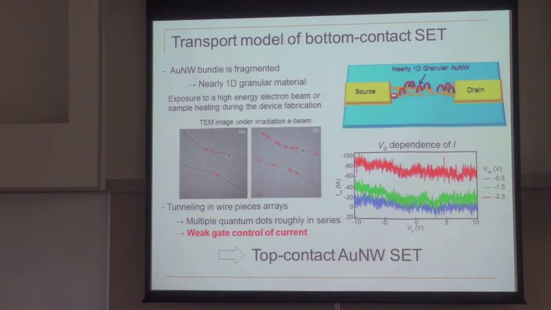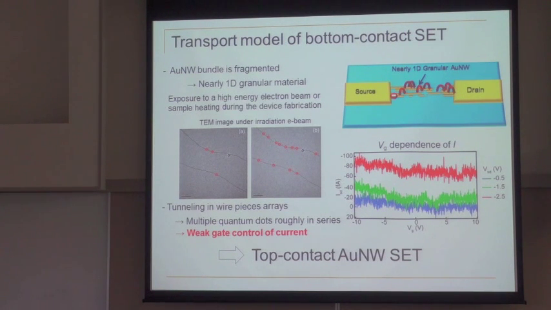So this shows the transport model of the bottom contact SET. In this device, the gold nanowire bundle is fragmented and behaves as a nearly one-dimensional granular material. This fragmentation is due to sample heating during device fabrication or exposure to the electron beam, as shown here.